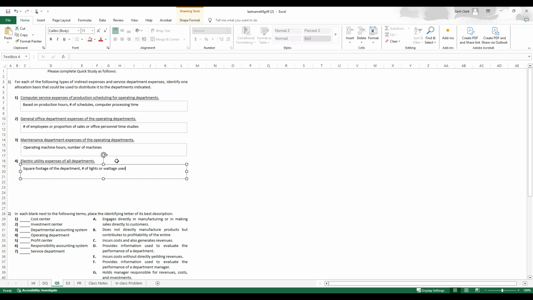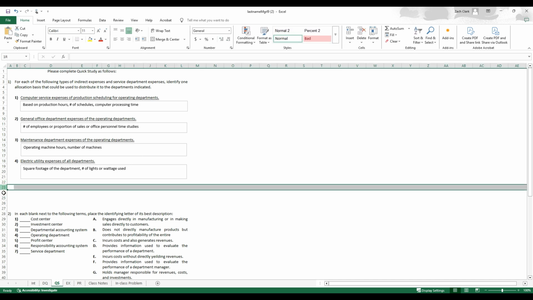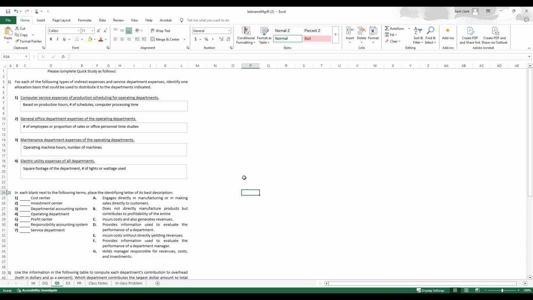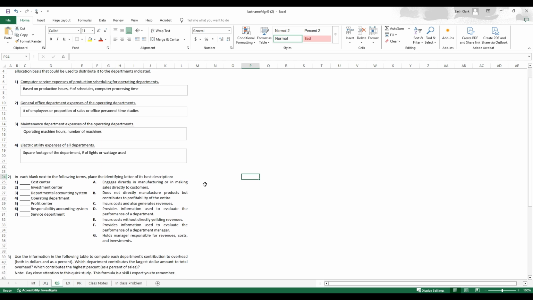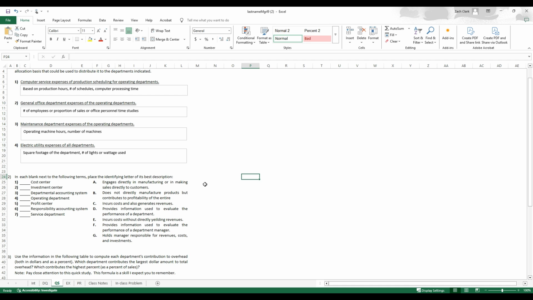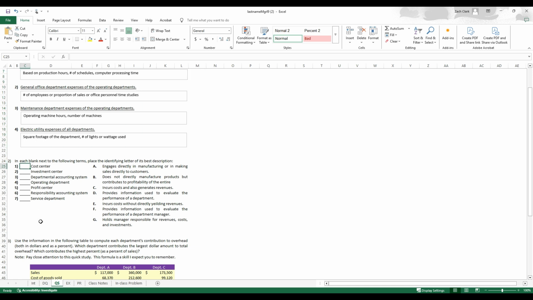If Department 1 has a certain location and Department 2 has a different building, you can analyze those and see how much energy is being used by each building, and therefore each department, and allocate that way. So again, it's up to us. This is the managerial part of making decisions and doing analysis, and there's no definitive right answer, but these are all reasonable answers that would probably make a lot of sense.